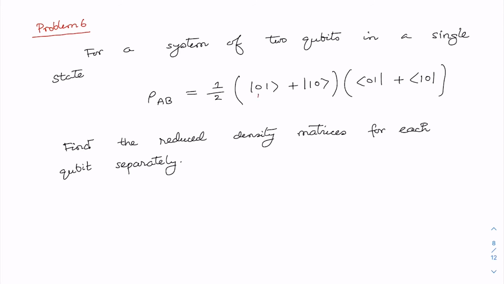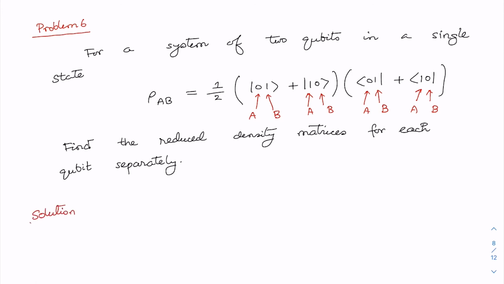Here the first one, this ket 0, belongs to system A, and ket 1, this is actually a tensor product, belongs to system B. Similarly here it belongs to A, and this belongs to B. Here it belongs to A, it belongs to B, this belongs to A, this belongs to B. Let us work it out. You are asked to find out the reduced density matrices for each qubit separately.